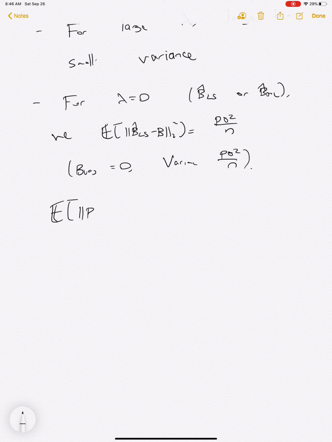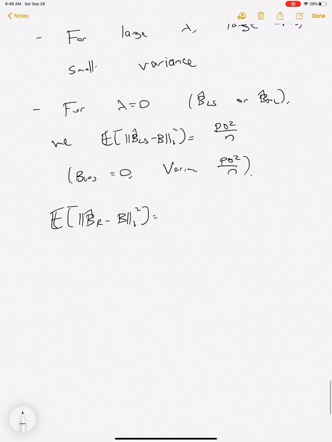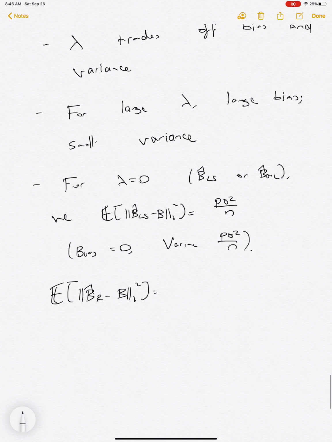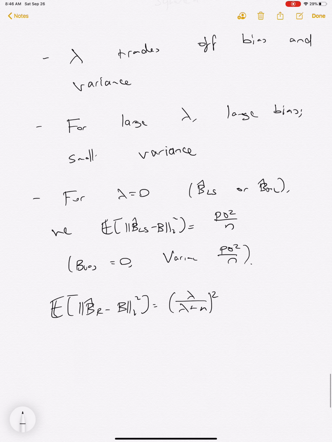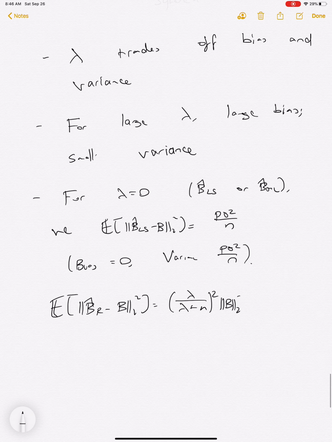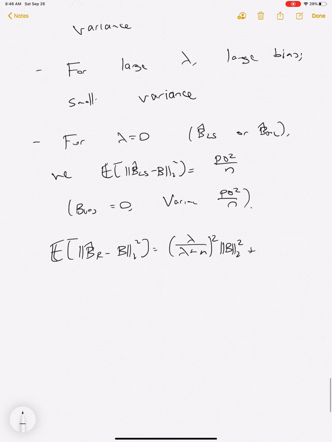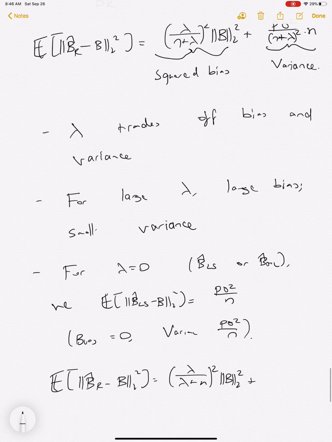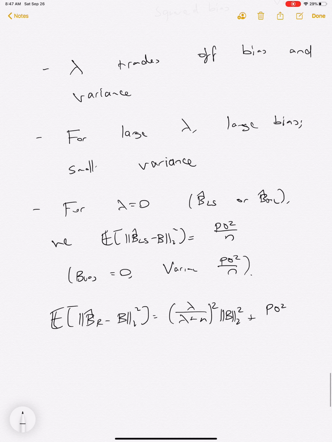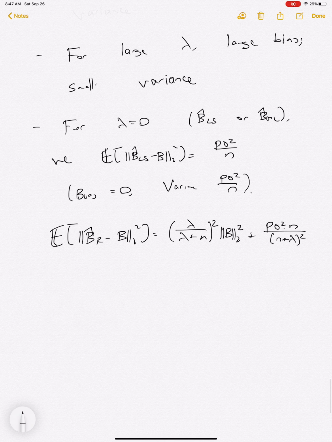We have that b hat r minus b squared equals what we derived above, and we have also that the least squares estimator has mean squared error p sigma squared over n.